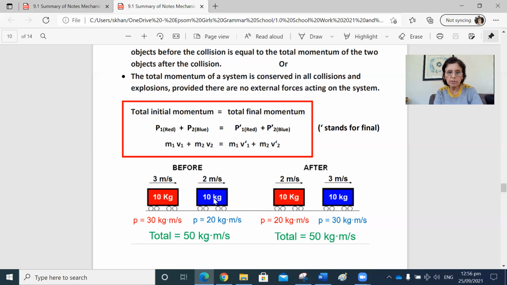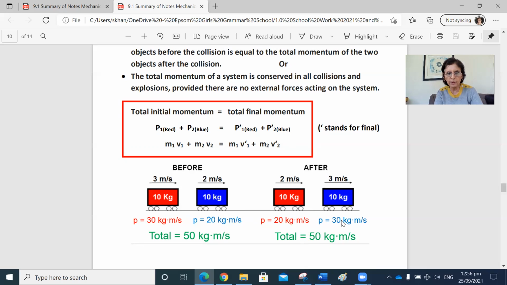At the same time, the blue cart applies a force in the opposite direction, because for every action force there is a reaction force. So in every collision, one object may gain momentum and another may lose momentum, but the change in momentum of one object is equal and opposite to the change in momentum of the other object.